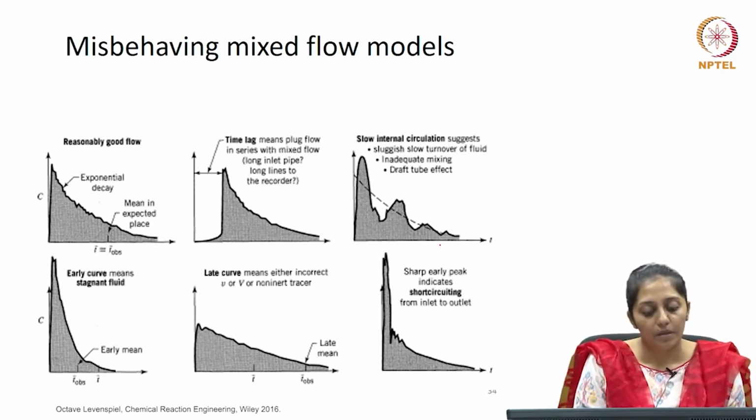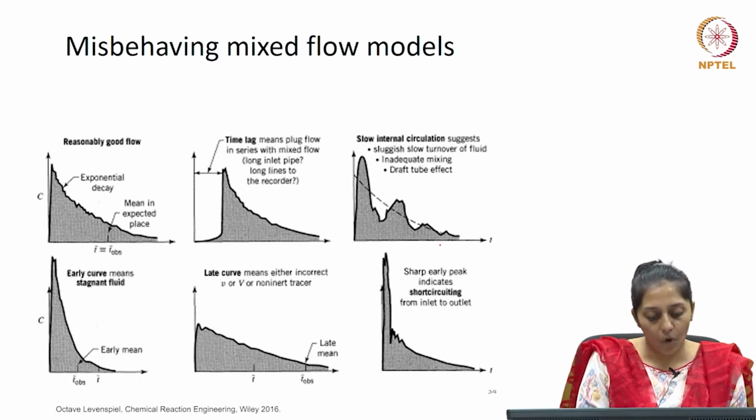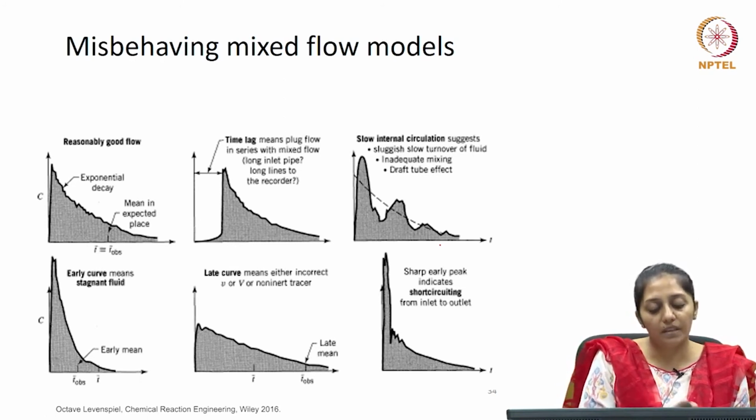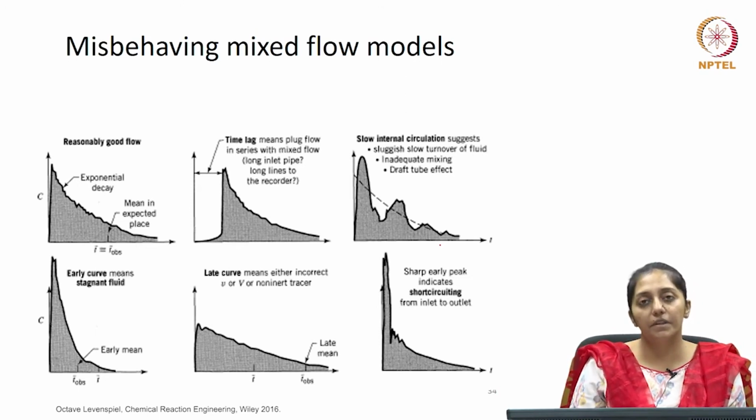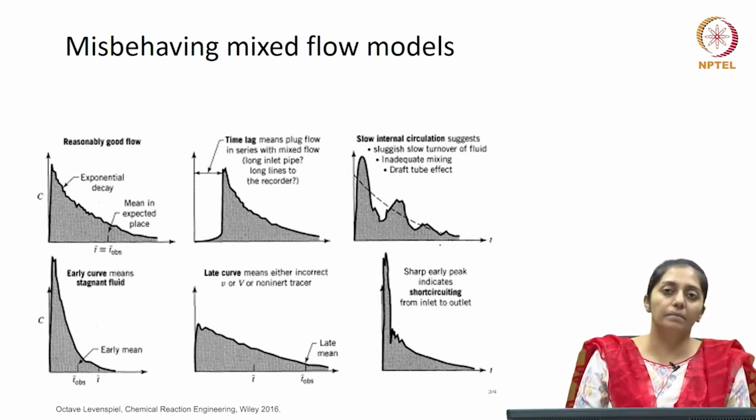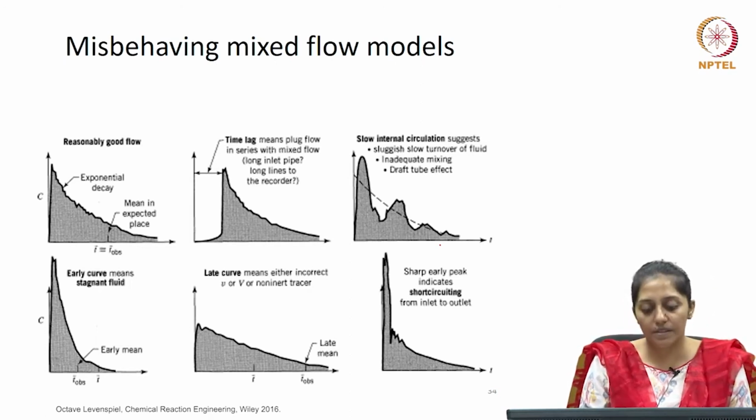If your mean residence time observed is found to be earlier than the theoretical mean residence time, this would mean stagnant zones in the reactor, because of which the path being covered effectively has been reduced. So, most of the liquid particles are spending less time than the theoretical residence time.